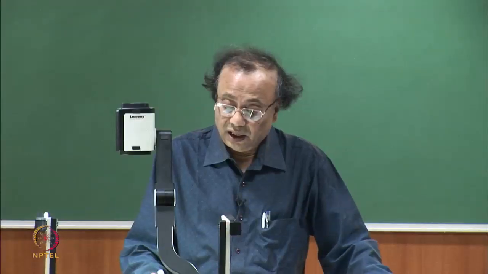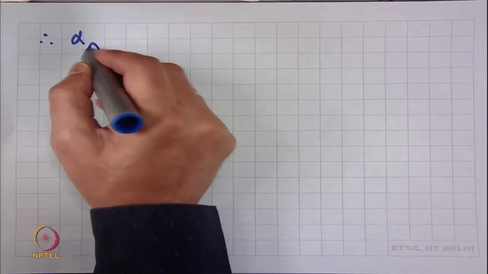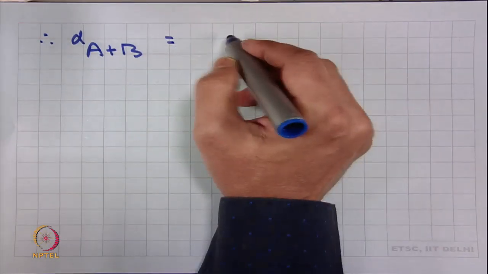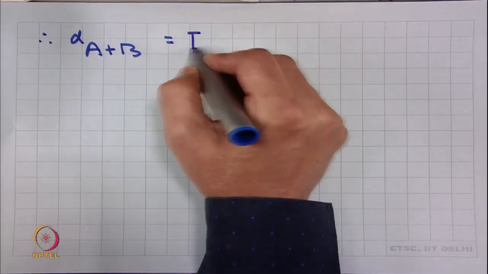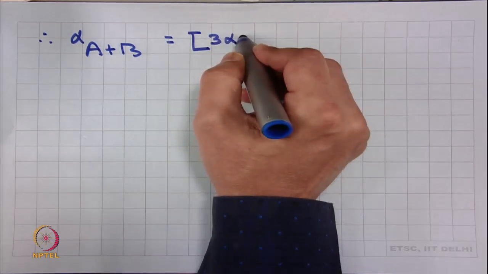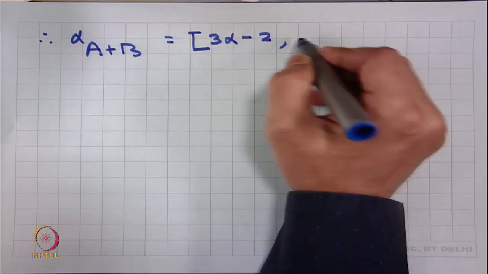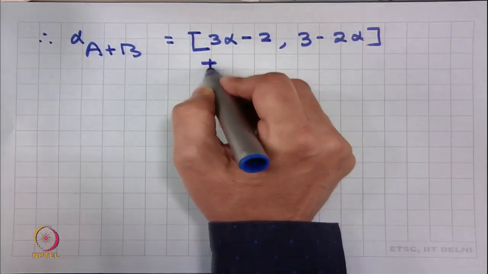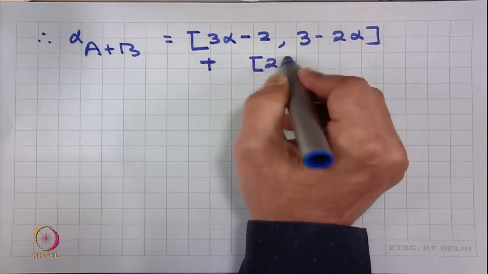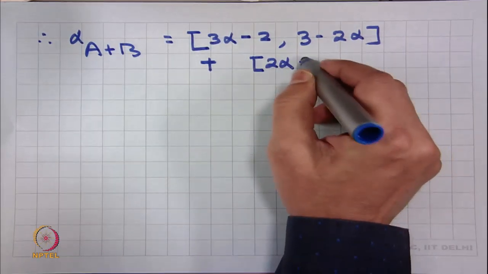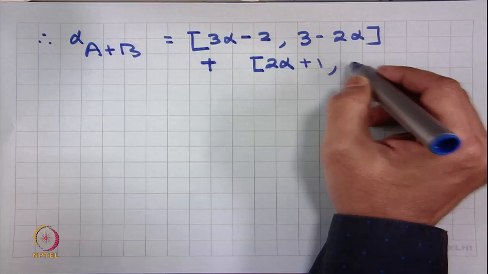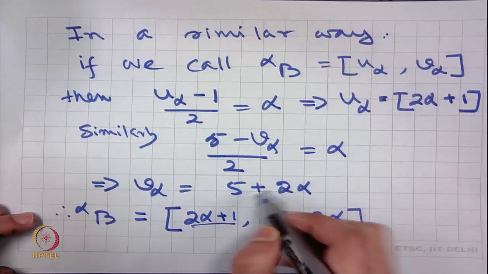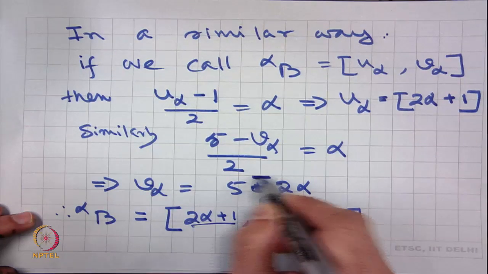Therefore, the alpha cut of A plus B is the summation of these two, that is [3 alpha minus 2, 3 minus 2 alpha] plus [2 alpha plus 1, 5 minus 2 alpha].